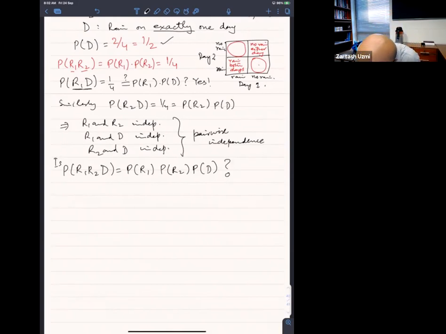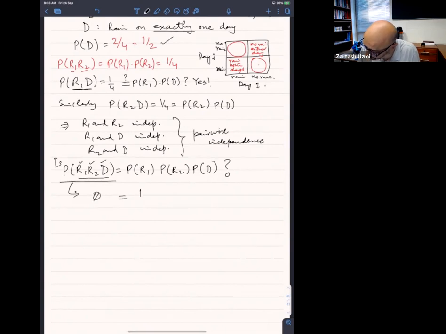What is the probability of R1 and R2 and D? Answers in the chat window. ये लेफ्ट साइड के ऊपर जो है इसकी प्रोबेबिलिटी क्या है? Well, the probability of this happening is 0. I am asking what is the probability that it rains on first day, rains on second day, and rains on exactly one day. Never gonna happen. So this probability is 0.